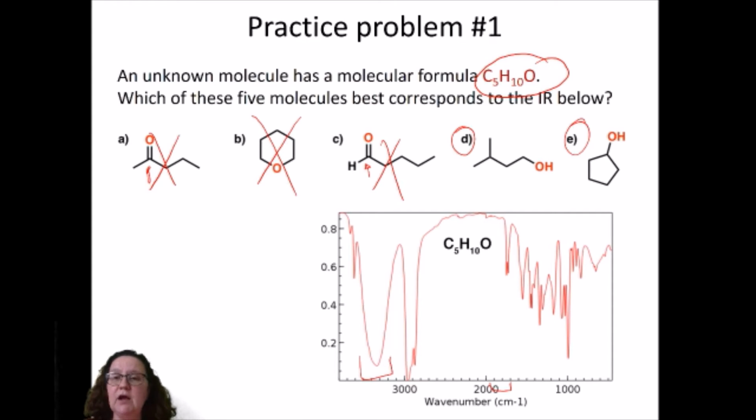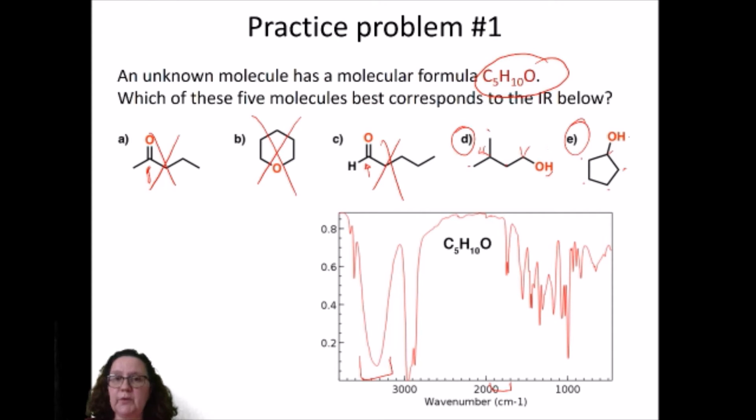And if I count the number of hydrogens, this one has 2, 4, 6, 8, 9, and 10. And this one has 3 on these 2 carbons, so 6, 7 in the carbon here, 9 counting the 2 hydrogens that are going to be here, 11 with the 2 hydrogens that are going to be here, and 12 if I count this hydrogen.